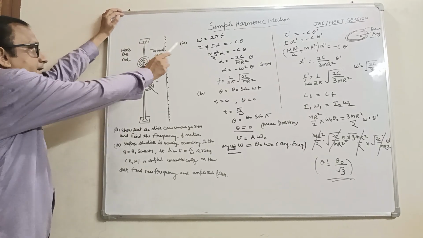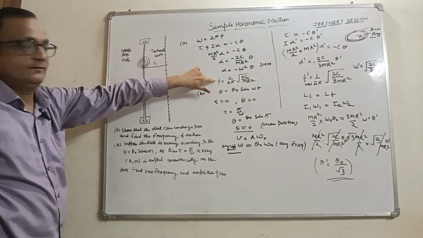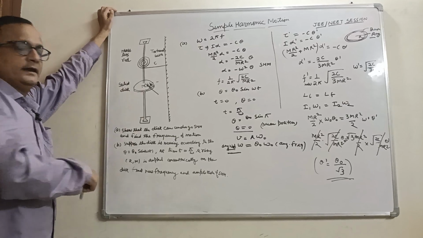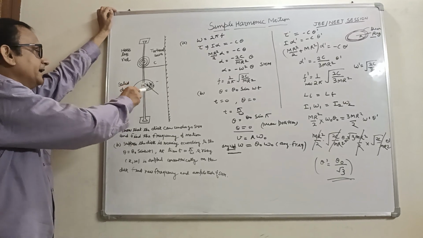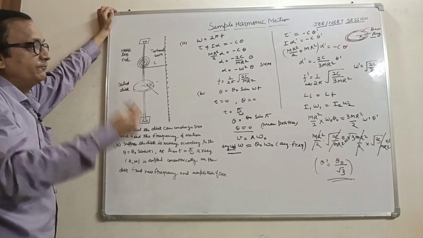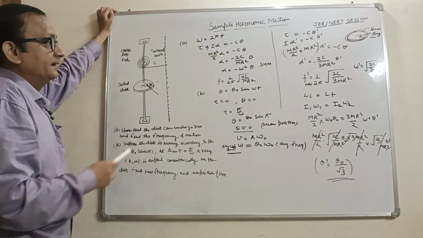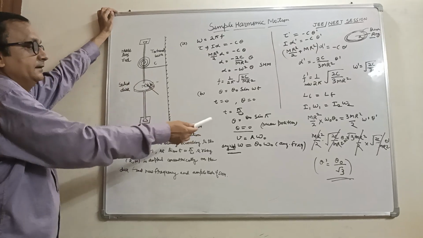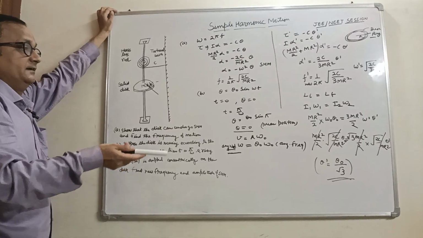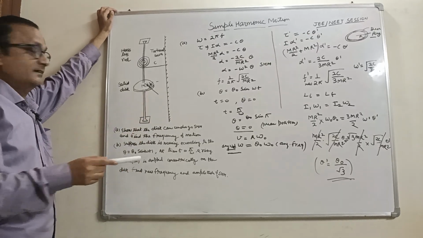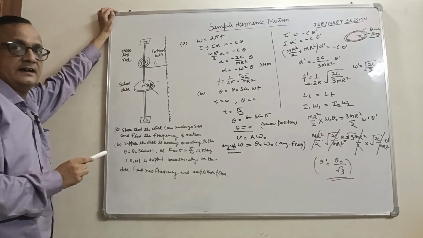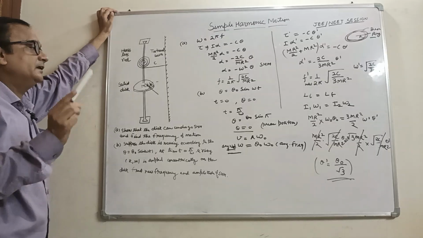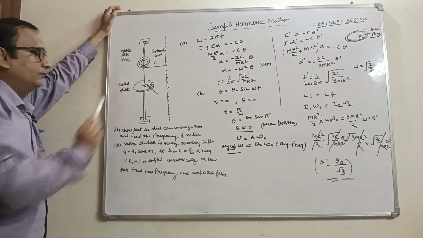In the initial condition we found the frequency of the system, and when the ring is placed concentrically on the disk, we found the new frequency and amplitude of the system. The amplitude reduces because the moment of inertia increases, so the angular amplitude is reduced.